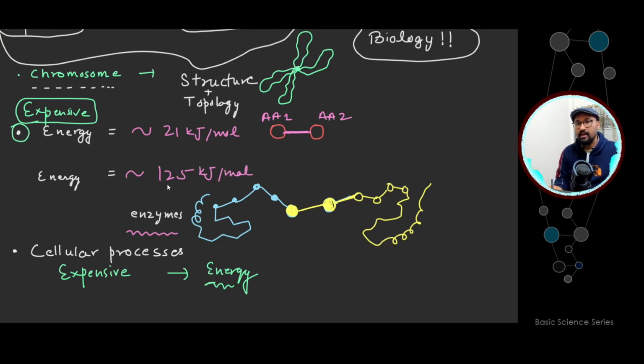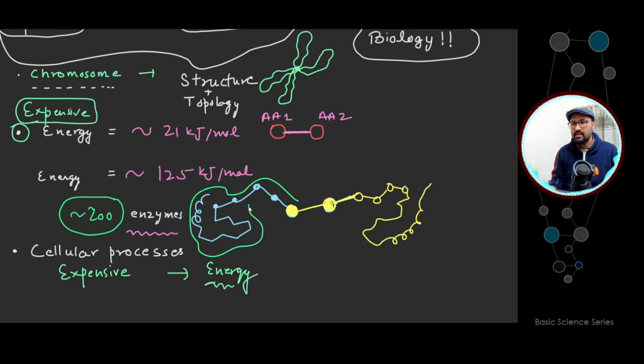And in addition to this, you have so many enzymes, more than 200 enzymes, known to play an important role in the formation of the peptide bond between two specific amino acids, but you have those polypeptide chains. That is what I'm trying to represent here, right? We'll study that when we study the secondary structure of the protein.